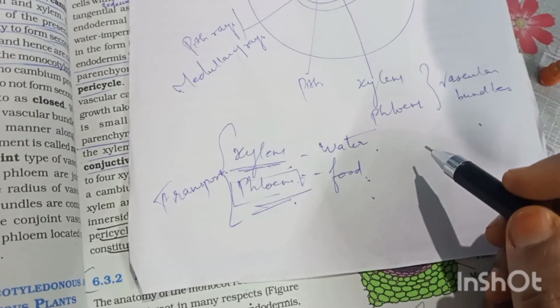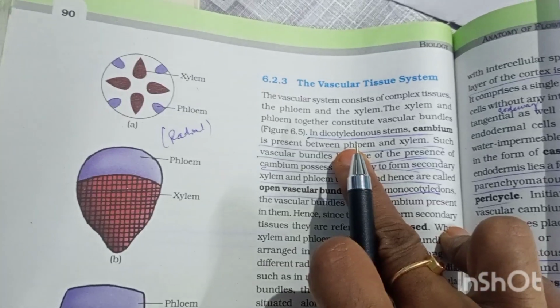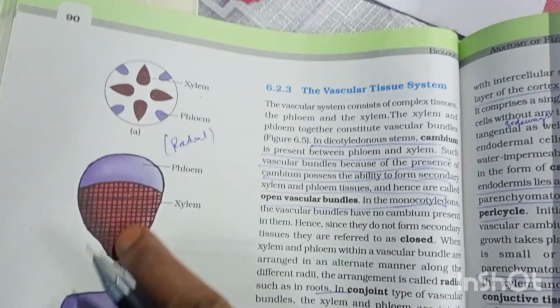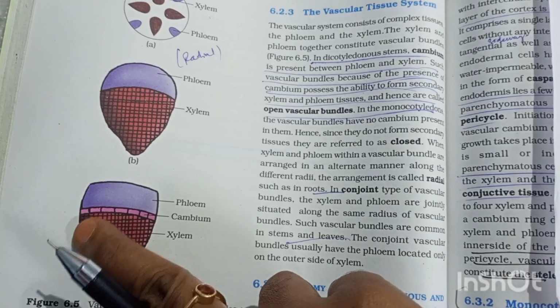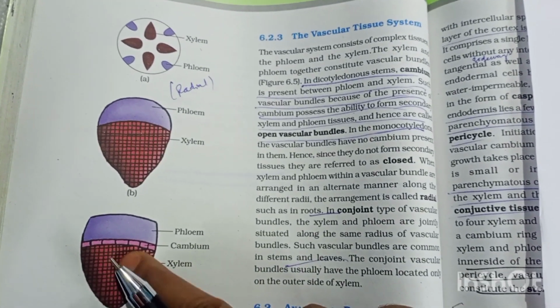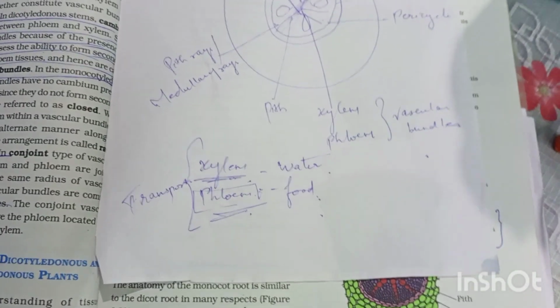So if you take a dicot, the plant with two cotyledons, there will be a structure called cambium in between the xylem and phloem. Let's take the neem tree as an example.